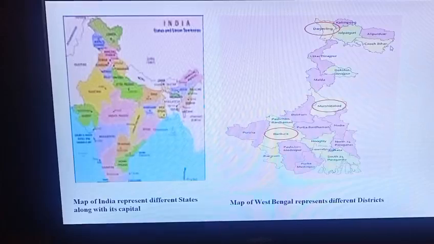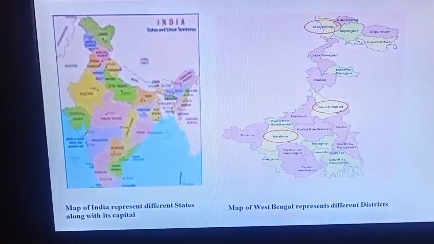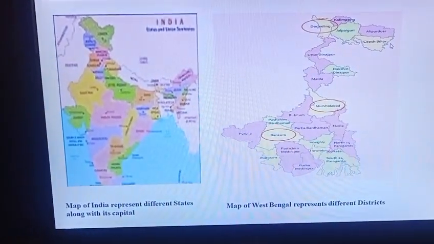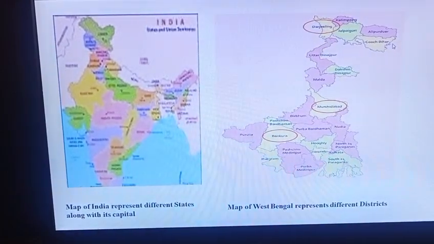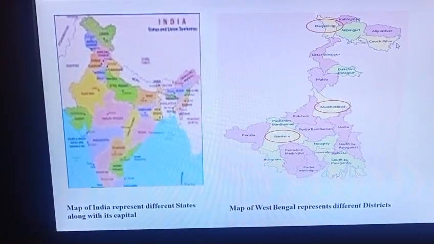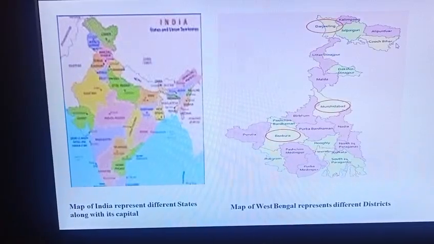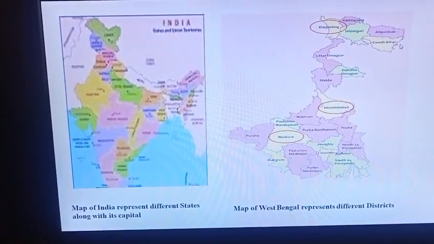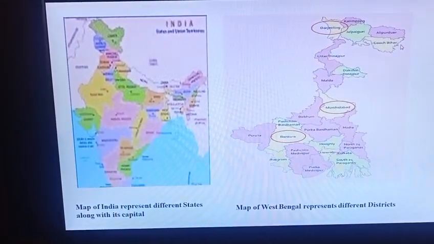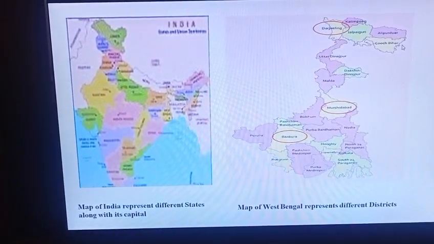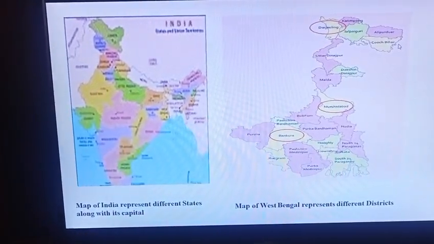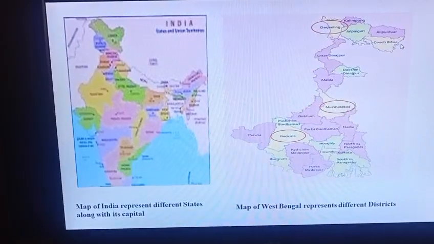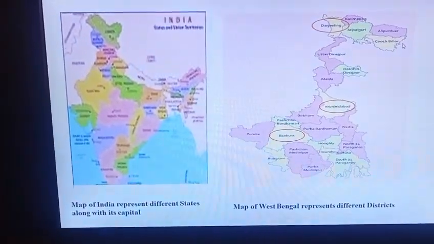Now I am giving some pictures of the map. You can see these two different kinds of maps are given. The first one is the map of India, which represents different states along with their capitals. In the first part we can see it's the India political map where the different states and their capital names are written.